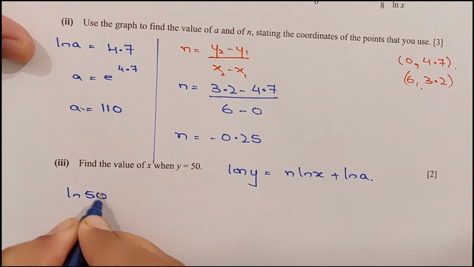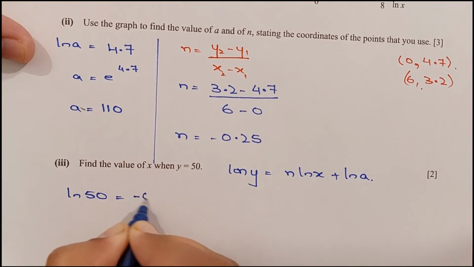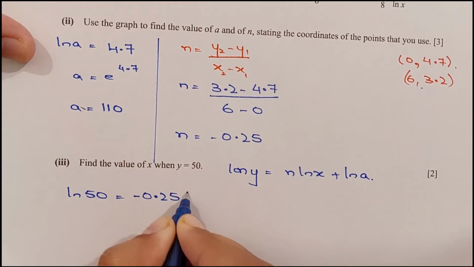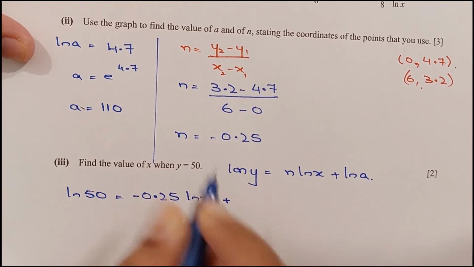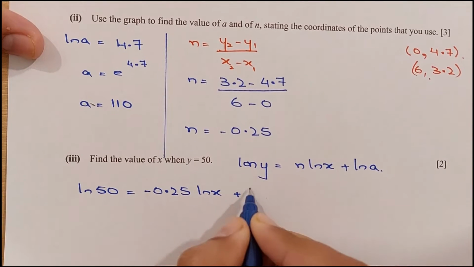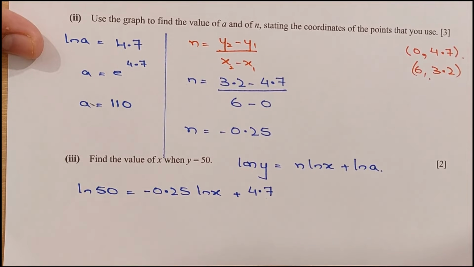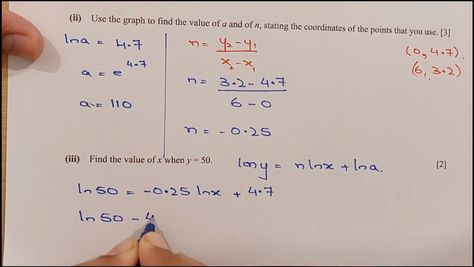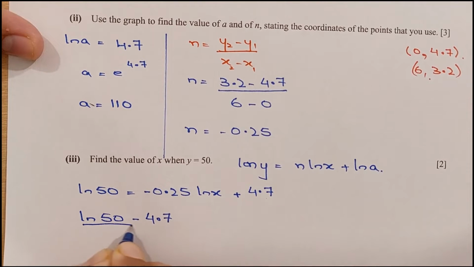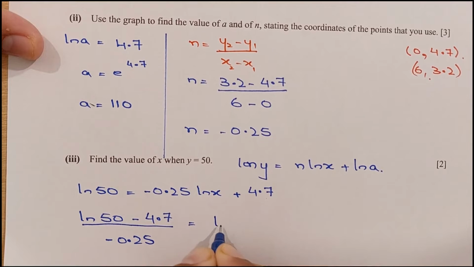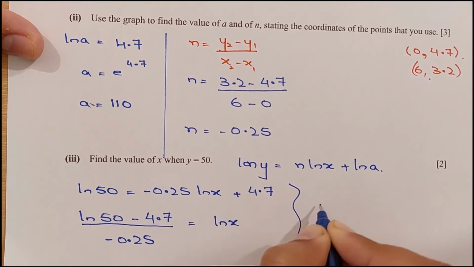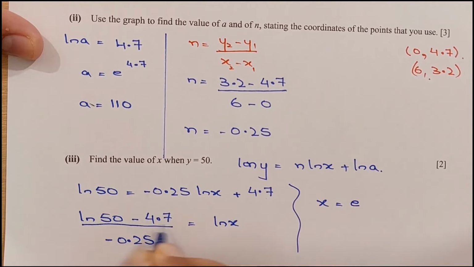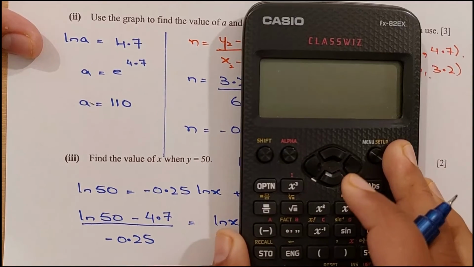So natural log of 50 equals, n is negative 0.25, natural log of x plus natural log of a, which is 4.7, right? Or we can say natural log of 50, subtract 4.7, divided by negative 0.25, is equal to natural log of x. And to solve for x, we take e to the power of this answer, right?